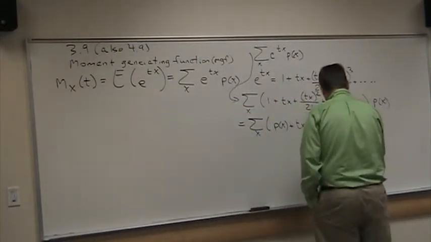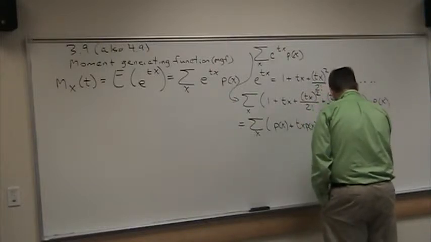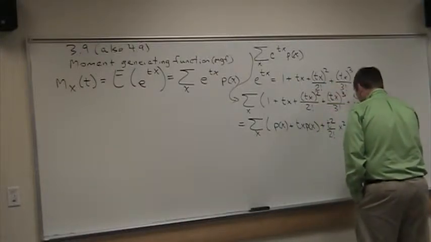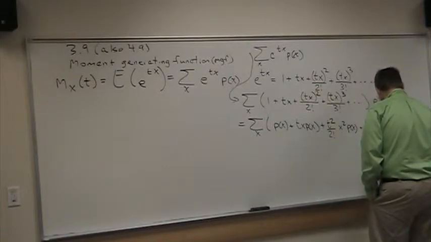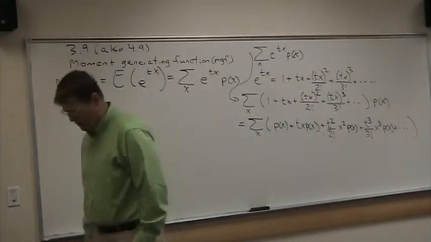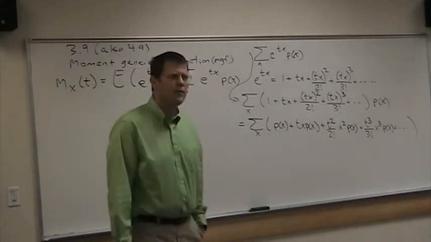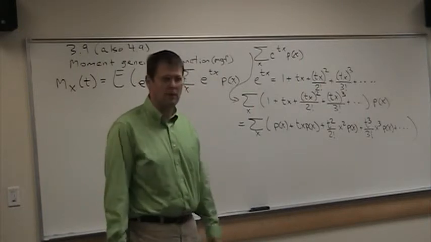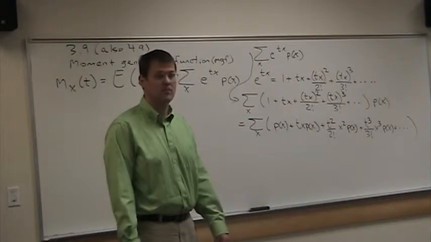So this one becomes t squared over 2 factorial times x squared P of x. The next one becomes t cubed over 3 factorial x cubed P of x. And this keeps going on. All through this, we're operating under the assumption that this is going to be a finite sum, because some of this stuff we can't do without that assumption.